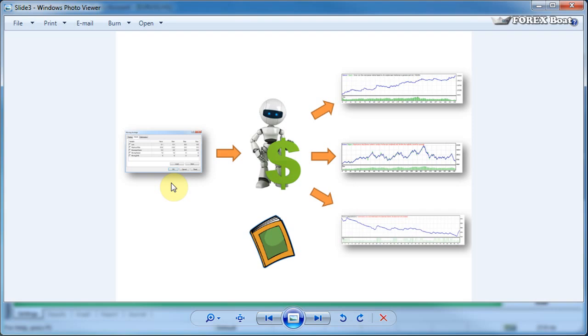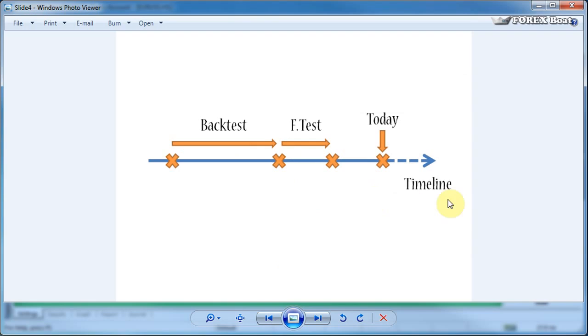So let's look at an example. As you can recall, this is the timeline that we looked at in the previous tutorial. Let's for a second forget about the forward test. So this is how we conduct back tests on the Forex market, and say for instance that we have come up with 5 different sets of parameters for a Forex robot, and we want to check which of those 5 is the best for us to use in trading.